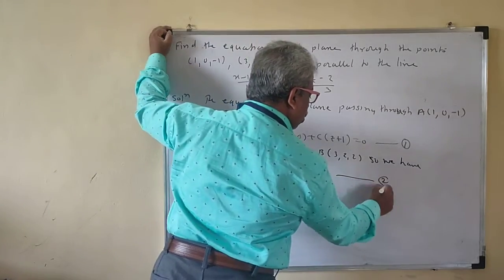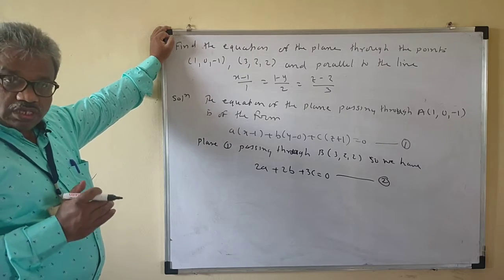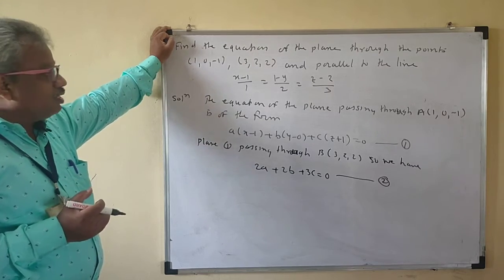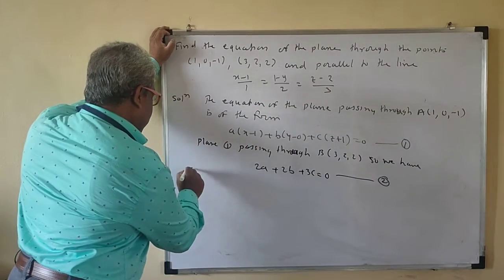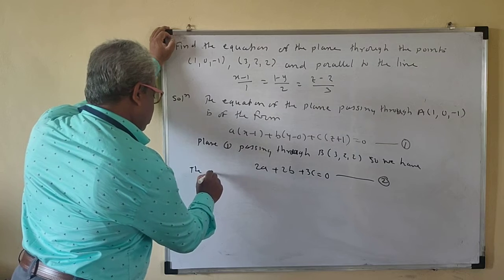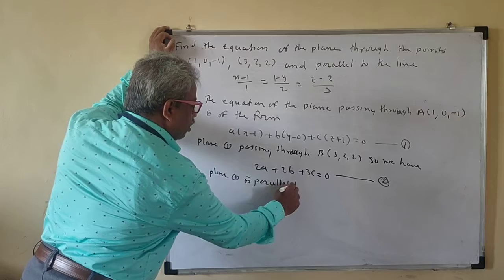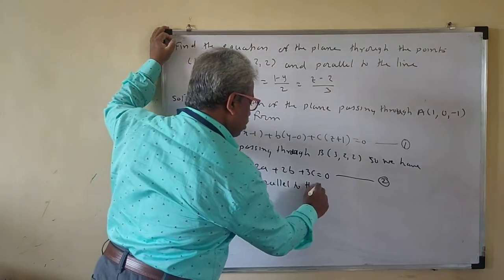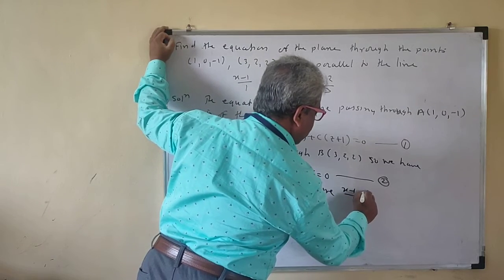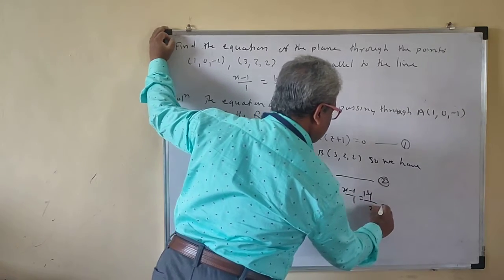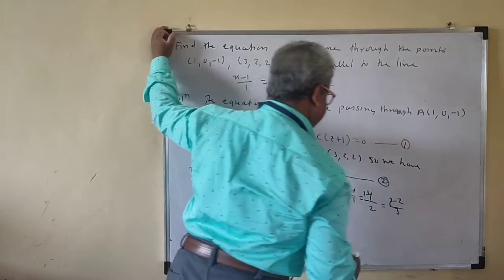You got one relation of a, b, c, right? So there is no constant term. You want a second relation of a, b, c. What is the condition? The plane 1 is parallel to the line (x minus 1)/1 = (1 minus y)/2 = (z minus 2)/3.